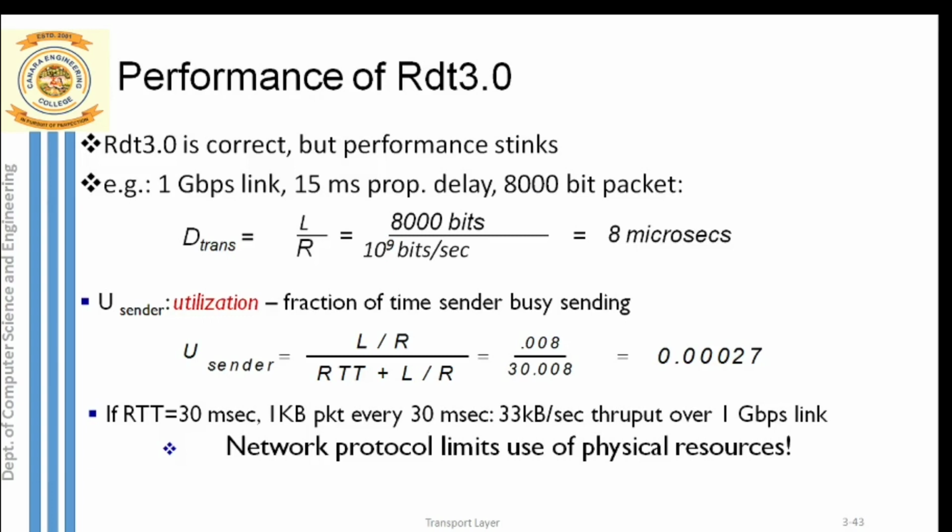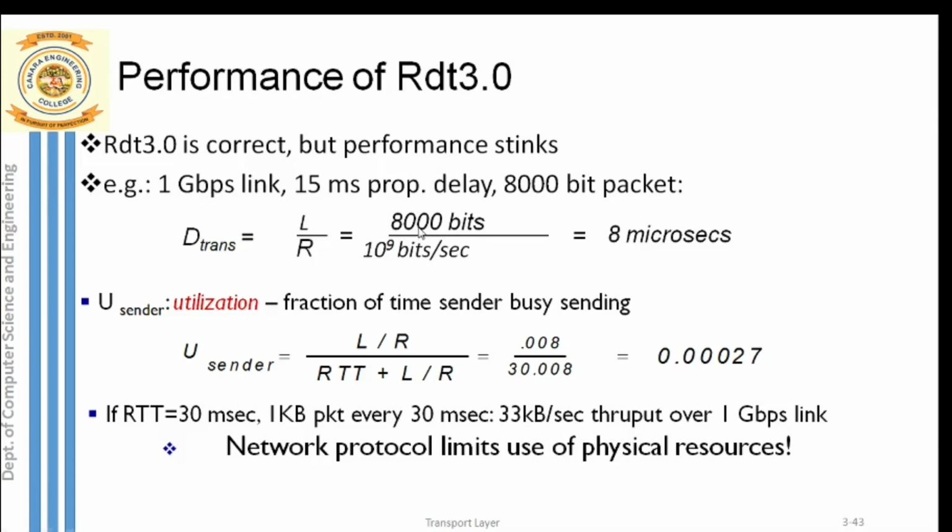What is the time taken by the packet to travel over a 1 gigabit per second link? So how do you compute that?